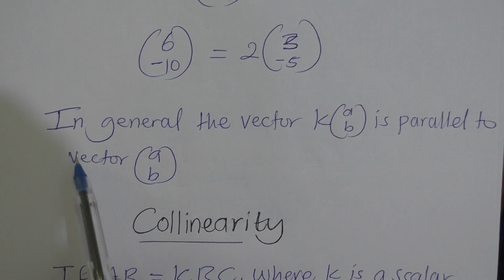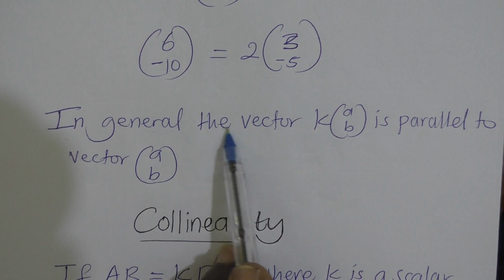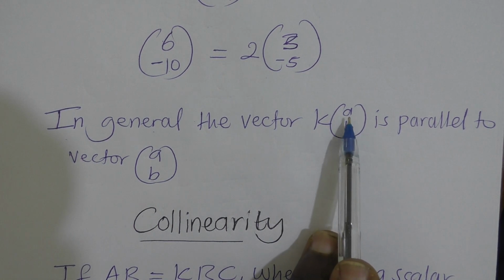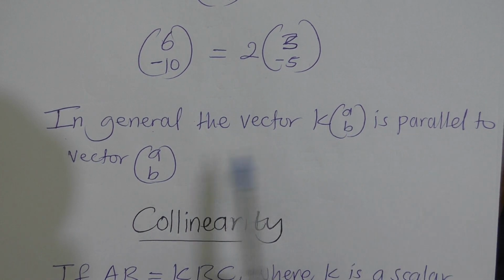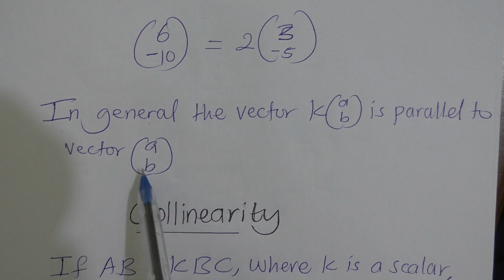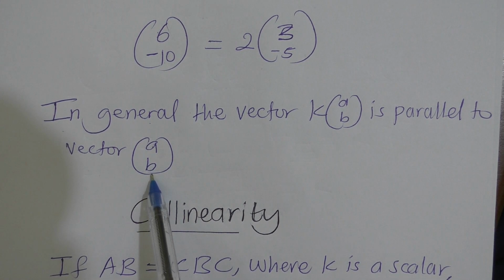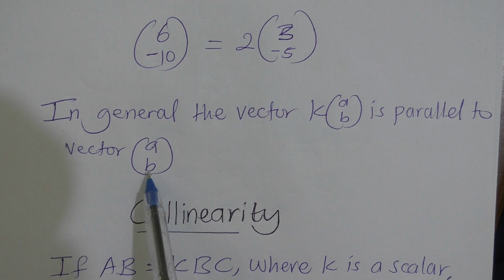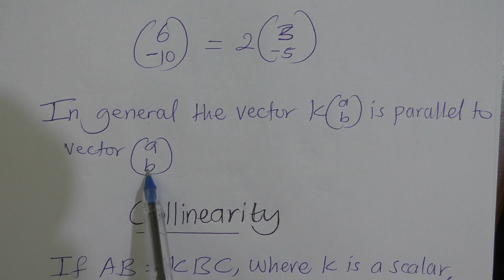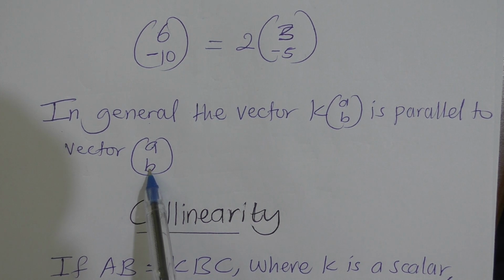It states that in general, the vector KB is parallel to vector AB. And this confirms that for two vectors to be parallel, one should be a multiple of the other, or one should be equal to a constant times the other.